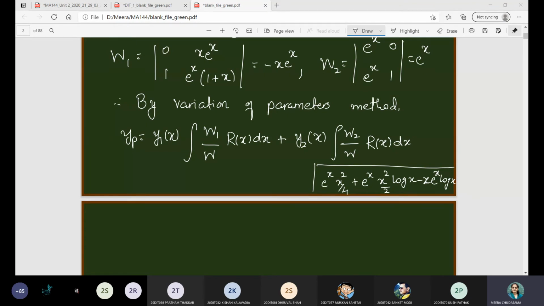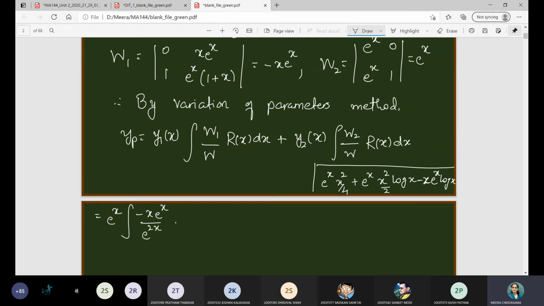Okay, let us see to it. Let us substitute all these values first. What is y1 of x we have considered? That is e raised to x into integration of W1. W1 is minus x e raised to x upon W. W we got as e raised to 2x, right? So e raised to 2x into R of x.